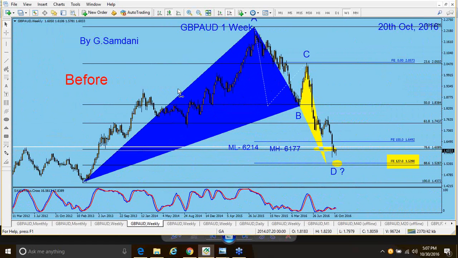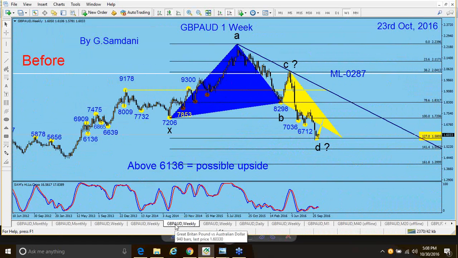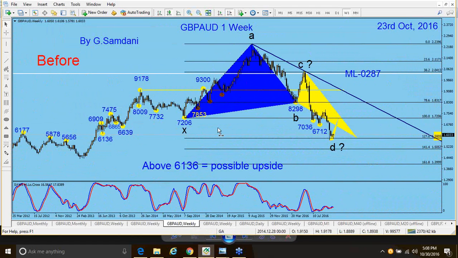What do you mean on the other? No, on the other chart. On the other chart means this one. No, no, no. See, that's the thing. You're talking about this. How do we know that this is the X point? This is the end of the wave B. You have to count.